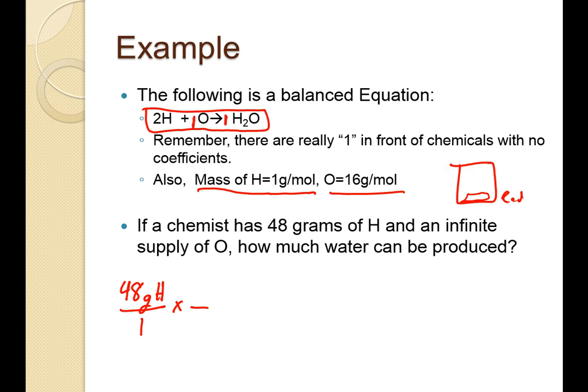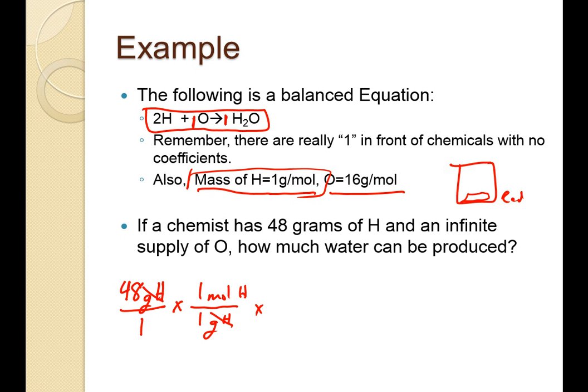Now the next thing we need to do is multiply it by how many grams of hydrogen are in 1 mole of hydrogen. So I can take a look up here. I can see that for every 1 mole of hydrogen, there's 1 gram of hydrogen, and that's great. As you can see, our grams of hydrogen will cancel out right here, and we're on our way.